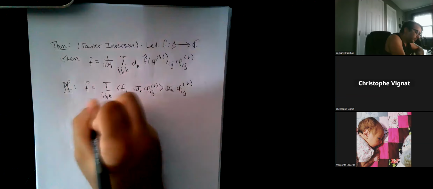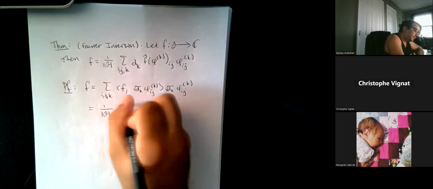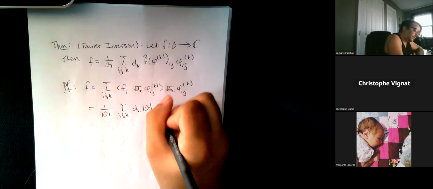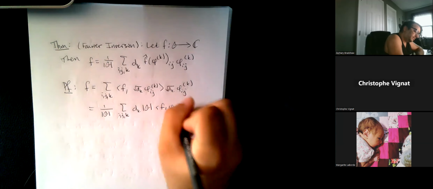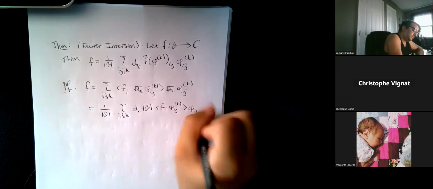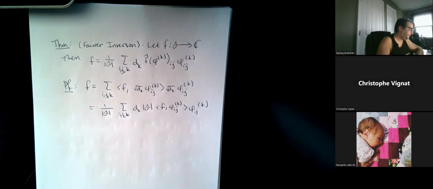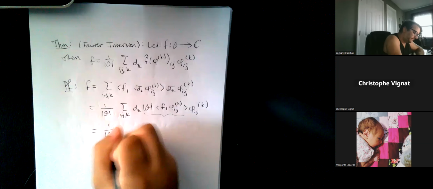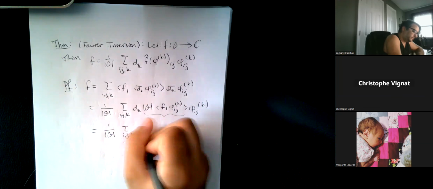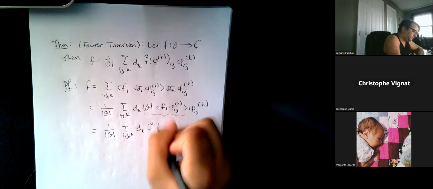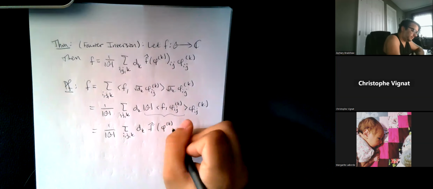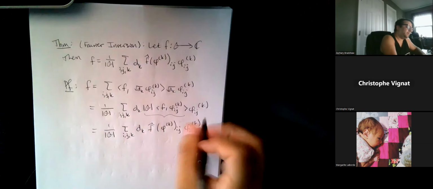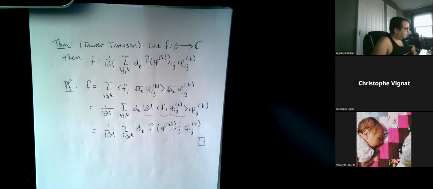So this is equal to 1 over the order of G, sum over ijk of d_k times the order of G, inner product, like so. And this thing here we recognize as the Fourier transform, times phi_ij^k. And that's exactly what we wanted to show.